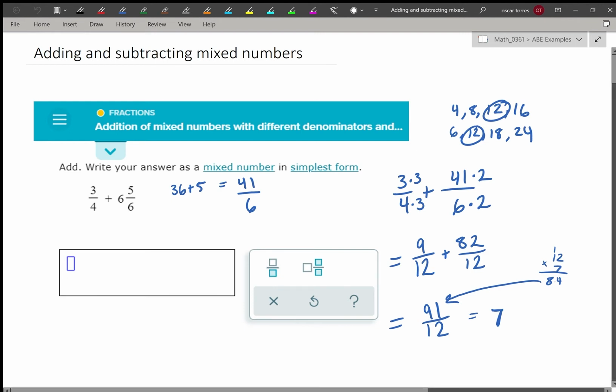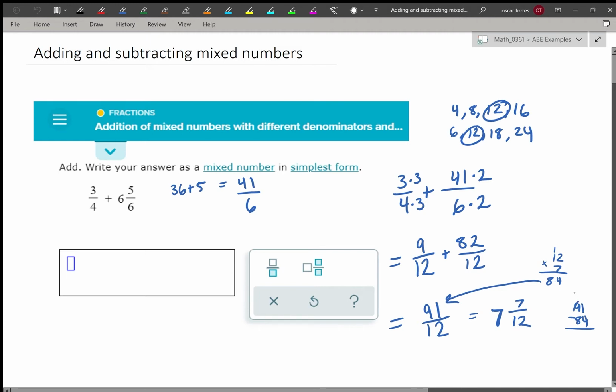Well, if we're at 84, we would need to count 7 more times to reach the number 91. So we're going to get a fraction of 7 over 12. And again, what we're really doing is we're doing 91 minus that 84. If we do the subtraction, if we try subtracting 1 minus 4, you cannot do that.